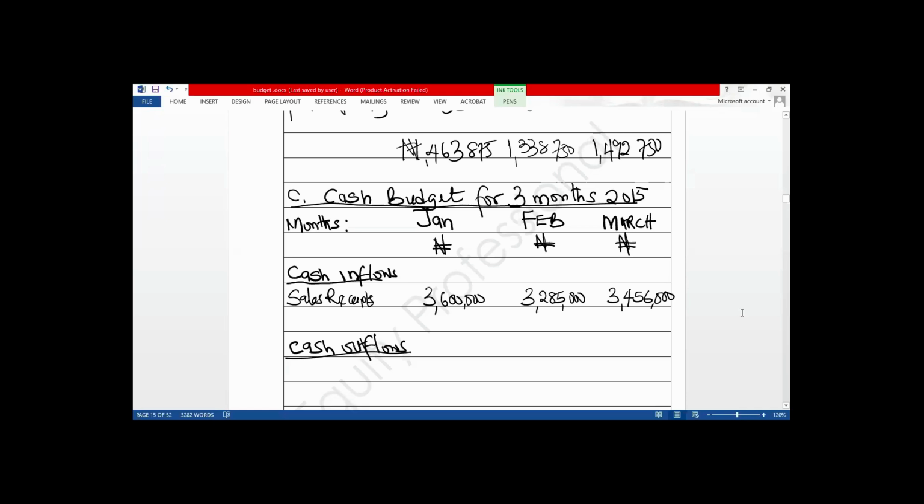For this question, we only have one cash inflow. In some questions you might have more than one. So please, we now move to the payment and cash outflow.